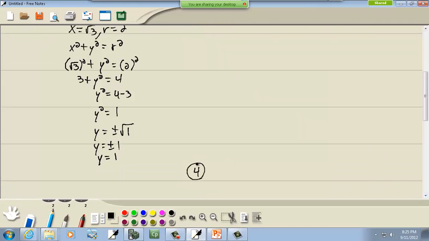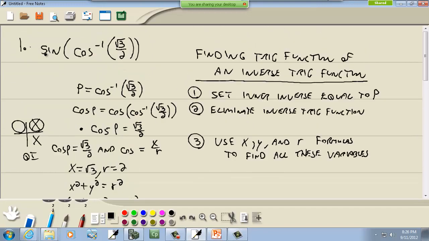Okay, so now we got our x, y, and r. We'll find the outer trig function. So if I scroll up, my outer trig function is the sine. So this is our outer, and this is our inner.